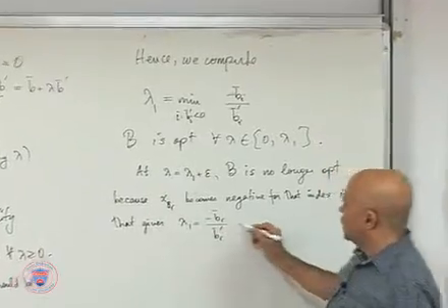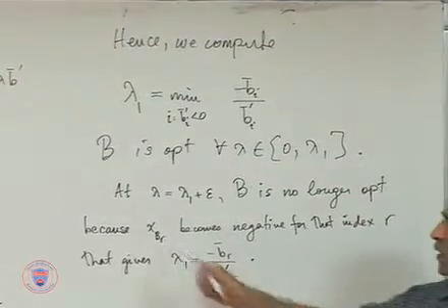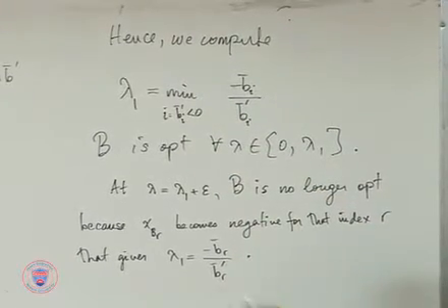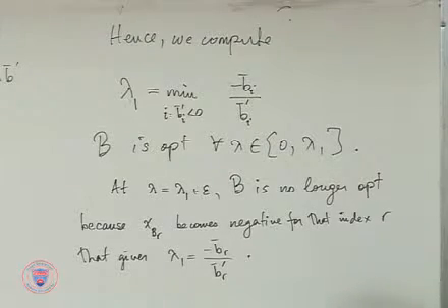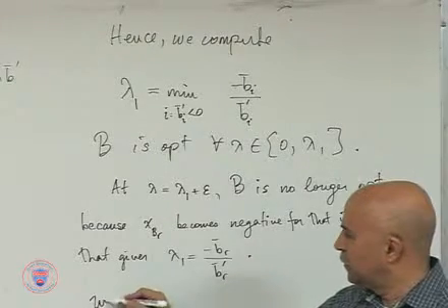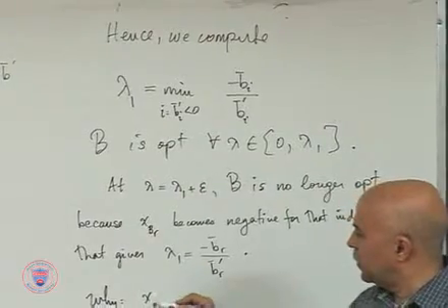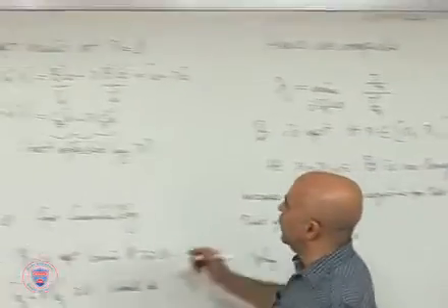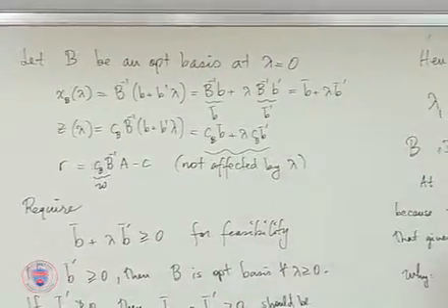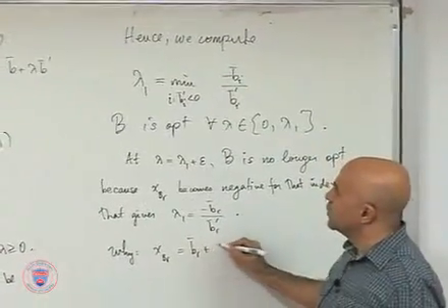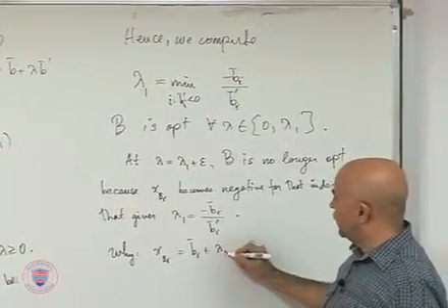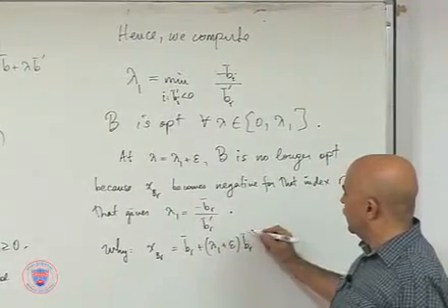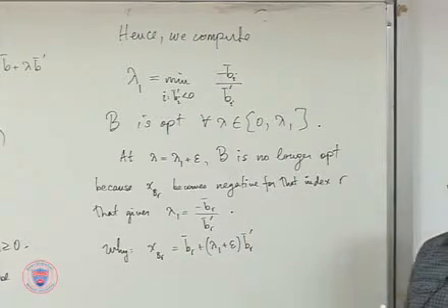So, some particular basic variable which supplies the minimum ratio in the computation of lambda 1 becomes negative. Why? Because at that point, x_Br as a function of lambda is going to become, well, where do we have it? We have it here, Br bar plus (lambda 1 plus epsilon) Br bar prime. This is the value of that particular variable.